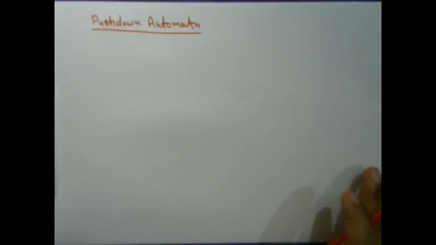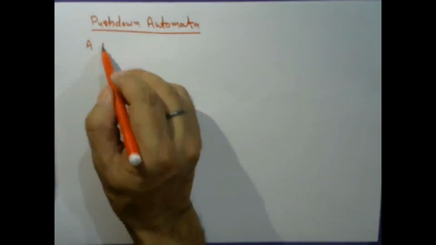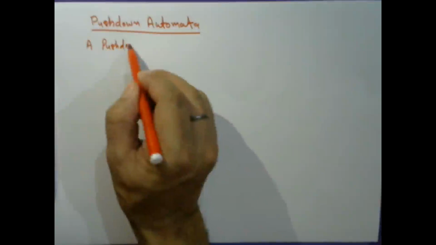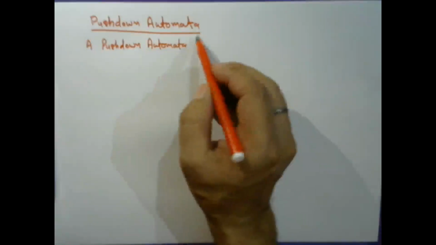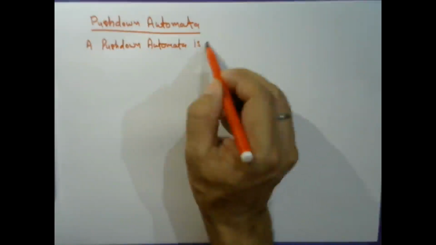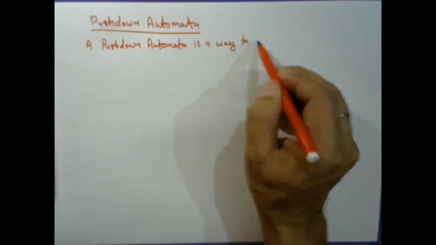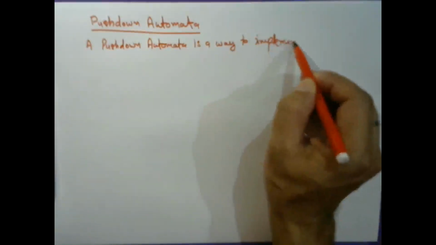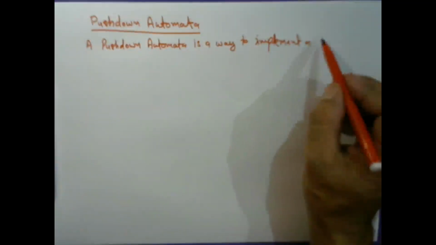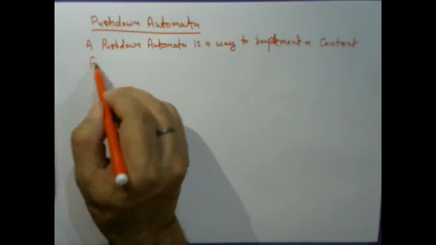Push down automata. The basic definition of a push down automata: a push down automata is a way to implement context-free language.